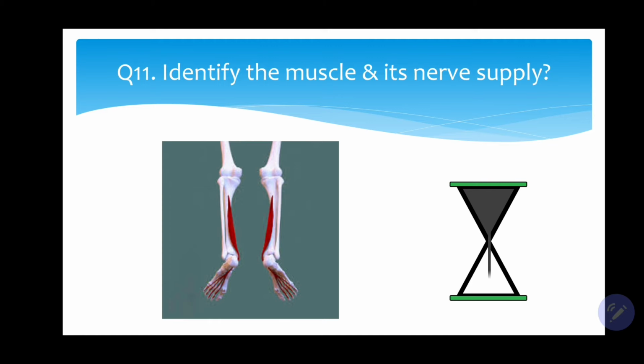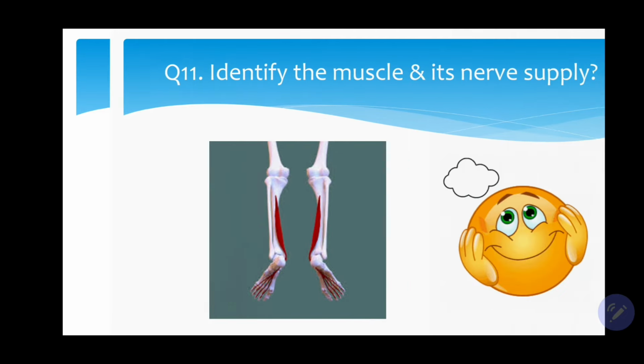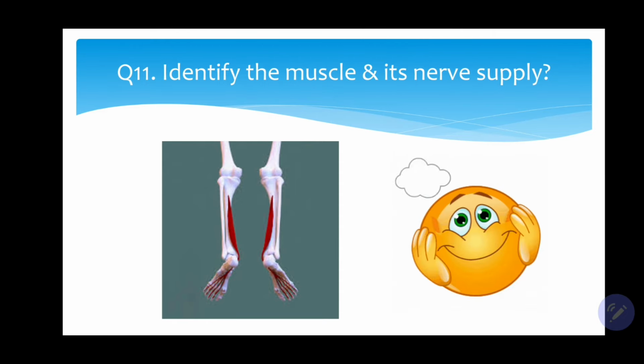Now identify the muscle and its nerve supply. Okay, so this muscle you are seeing, first of all, you can confirm it by seeing this image, that it is going down to insert onto all the 4 digits, right?